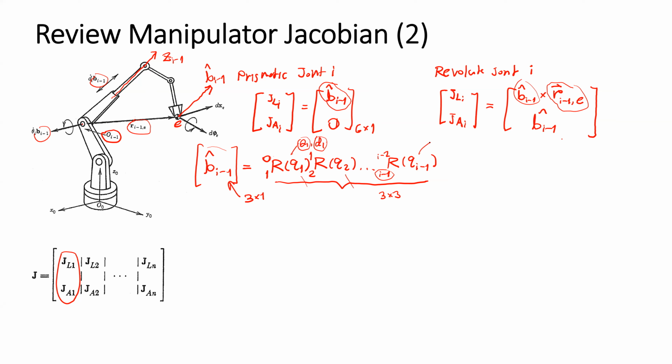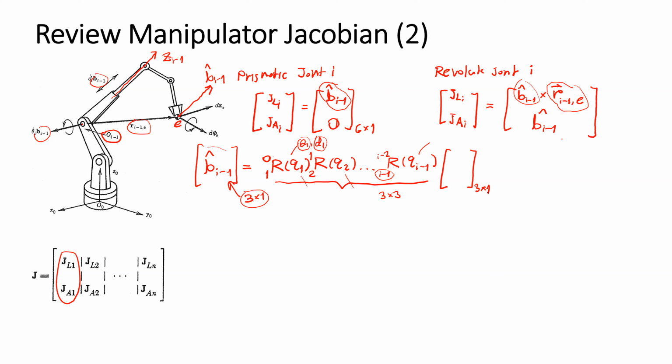But the unit vector should be 3 by 1. We need to multiply this by a 3 by 1 vector. But what should this 3 by 1 vector be?